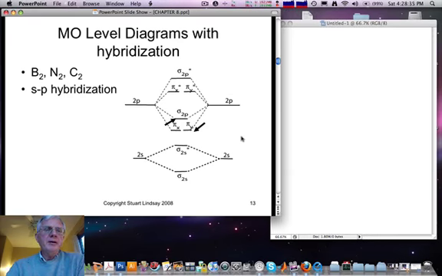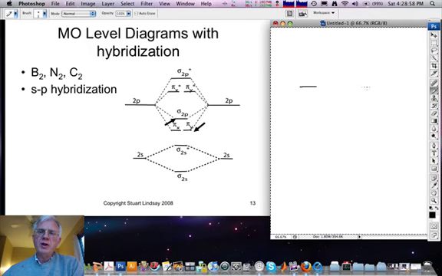Many other diatomic molecules from the same region of the periodic table do hybridize. Carbon, of course, is the famous example, but also boron and nitrogen. The result of this hybridization is to invert the position of the sigma 2p and the pi x and pi y bonding orbitals.